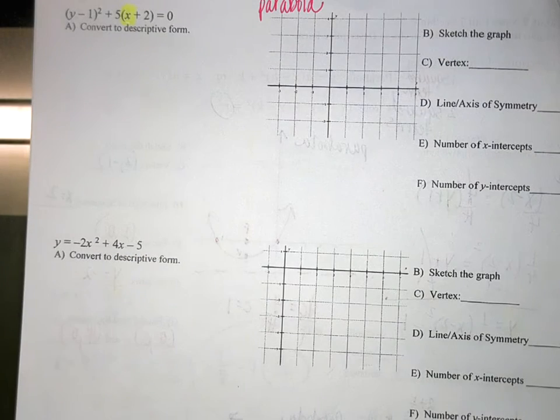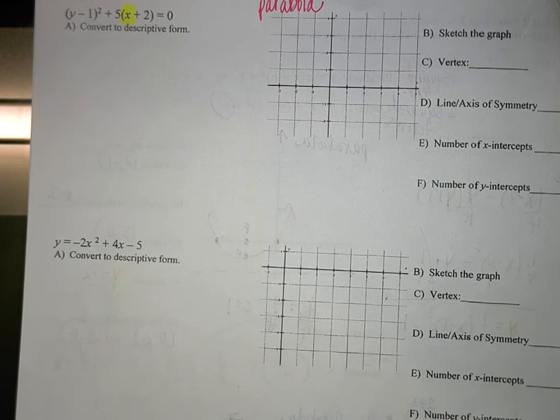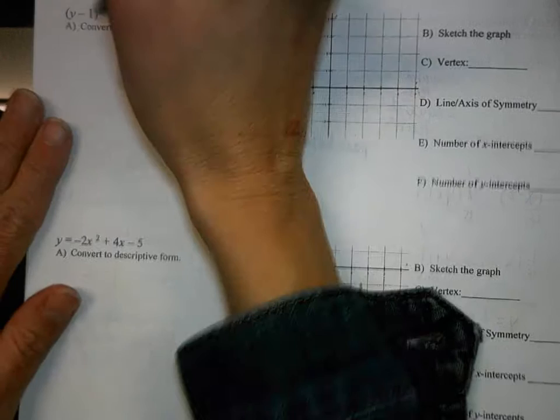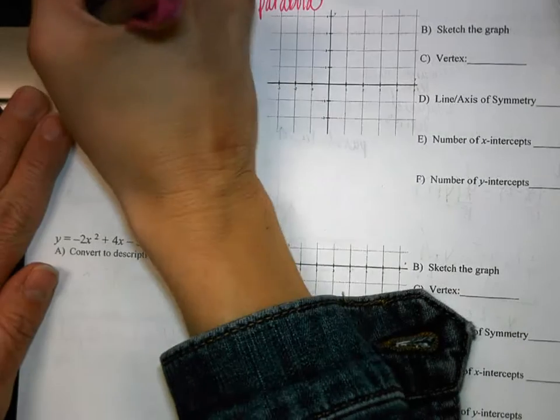So we're going to change this into descriptive form. What would we do first? We could divide by 5 first. Is that what everybody thinks we should do? Yes. Okay, let's do what you guys think. We're going to divide by 5 to everything.